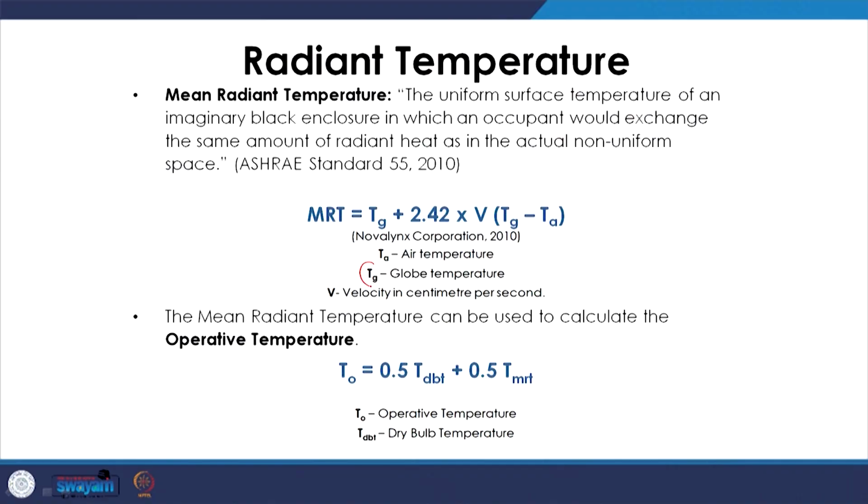That is taken into account with the help of a quantity called globe temperature. Now, what is globe temperature? Globe temperature is the temperature of the air only, but it takes into account the radiation received from the surfaces surrounding any body, a black body.